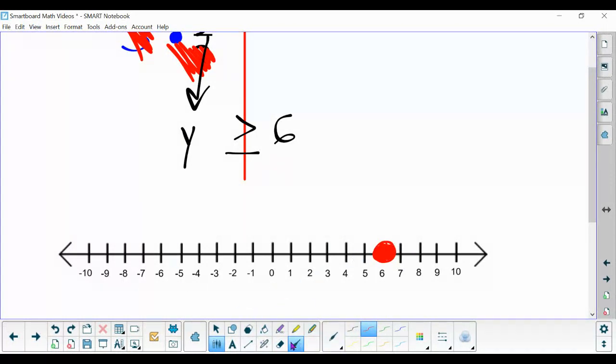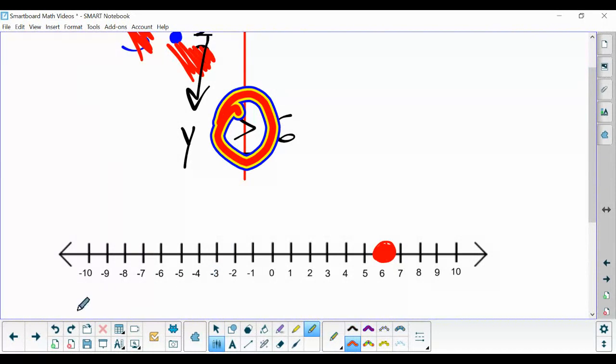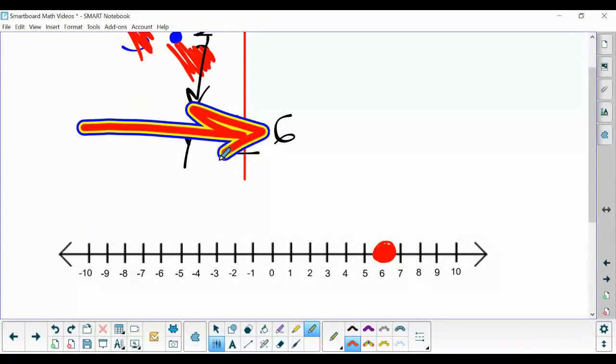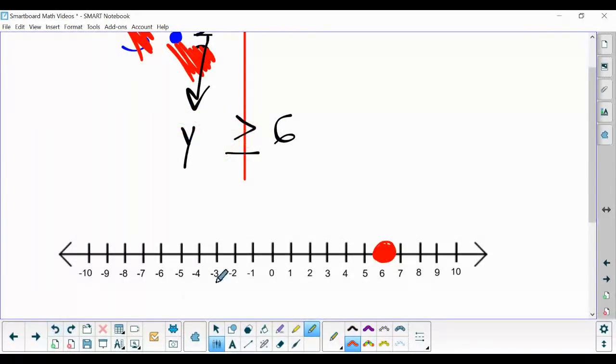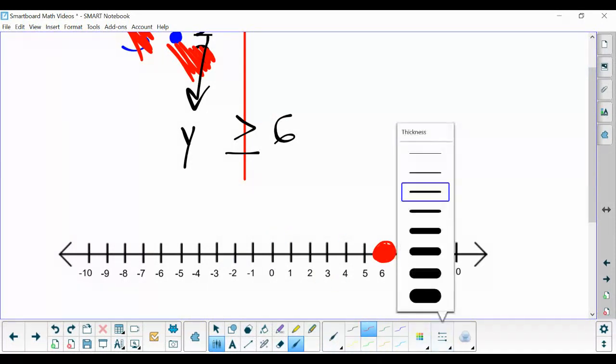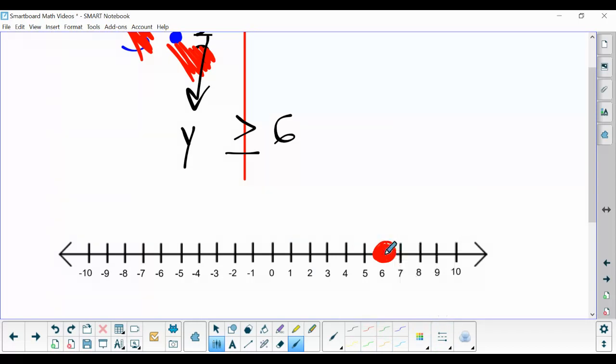And then you see what direction the pointy part of your inequality is going. It is going that direction. So when you're plotting your inequality on this number line, your arrow must go the same direction as well, meaning I have to go to the right. So let's do that. And there you go. I just plotted this inequality on the number line.